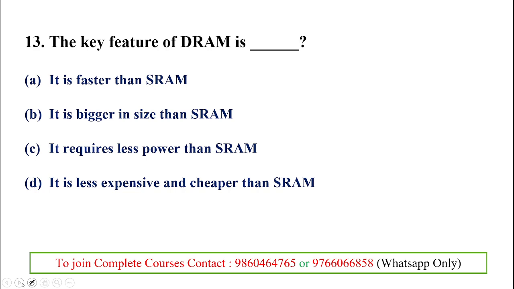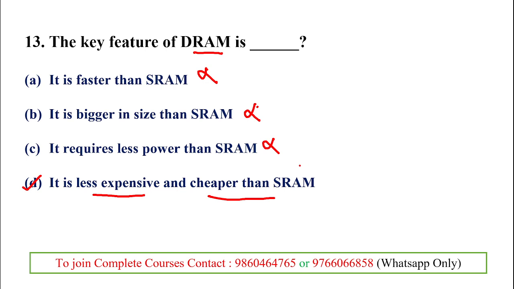Then the key feature of DRAM. DRAM is another important category under RAM. You can see: it is faster than SRAM, that's wrong. SRAM is much faster. It is bigger in size, that's also wrong. It requires less power, that's also wrong. So the answer for this is it is less expensive and cheaper than SRAM.